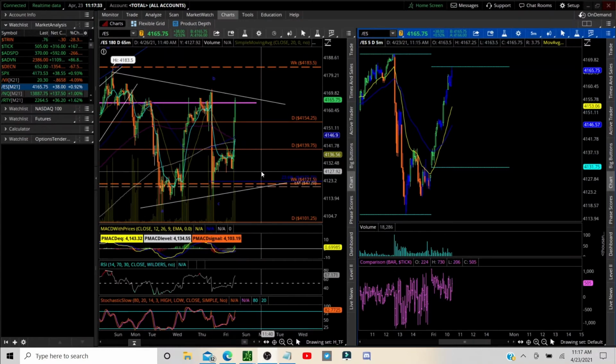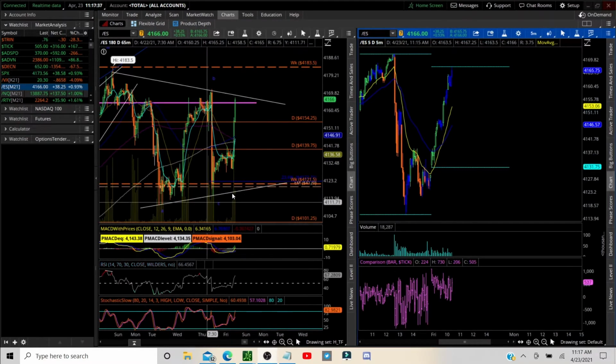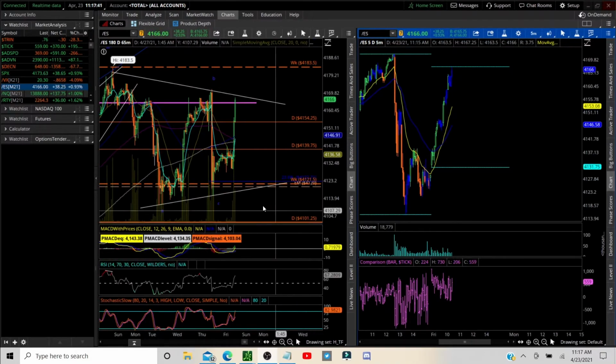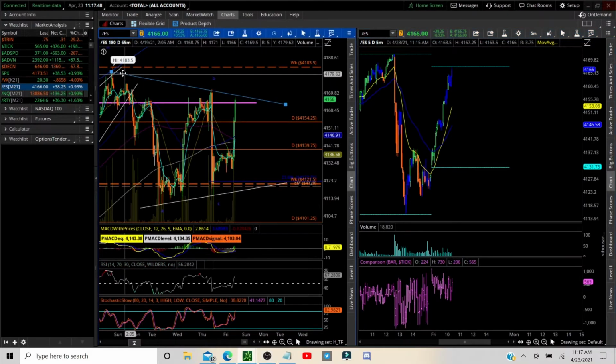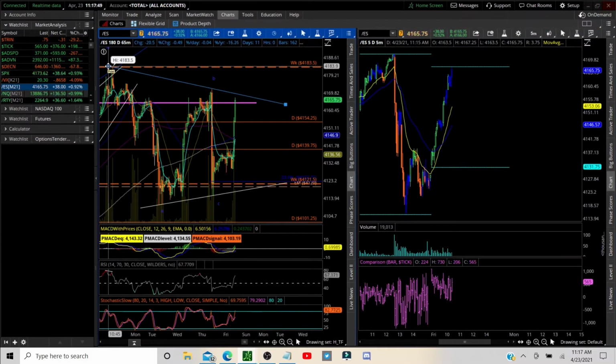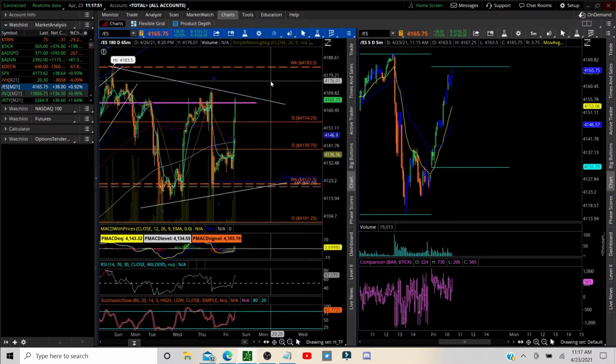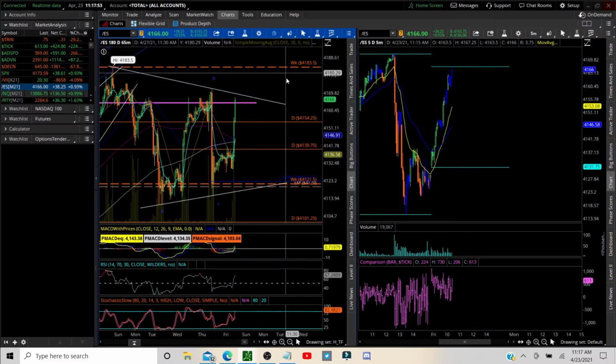If we start to fail this triangle, we break this point, we're still able to be in some sort of ABC down. It doesn't look likely at this point, but let's just keep an eye on this level here. I'll fix that up a little bit. Okay. And then we can get a count to the upside. Hopefully we'll have a 5-wave move to the upside after that.